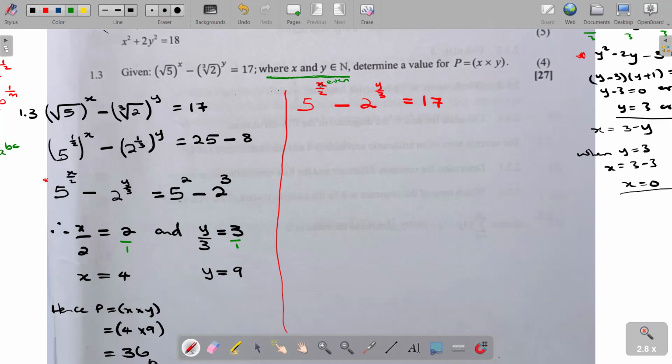Let us go and put 2 there. When x is equal to 2, go and substitute there.